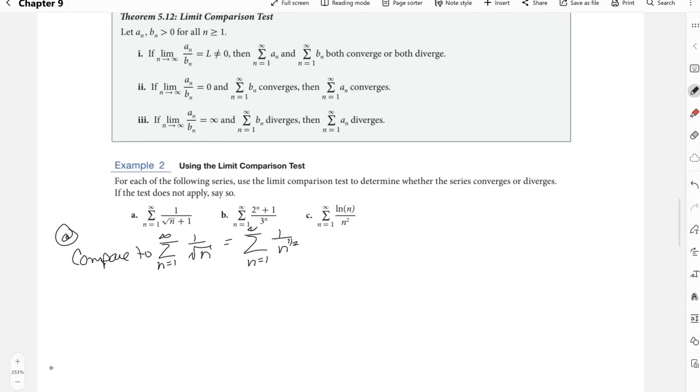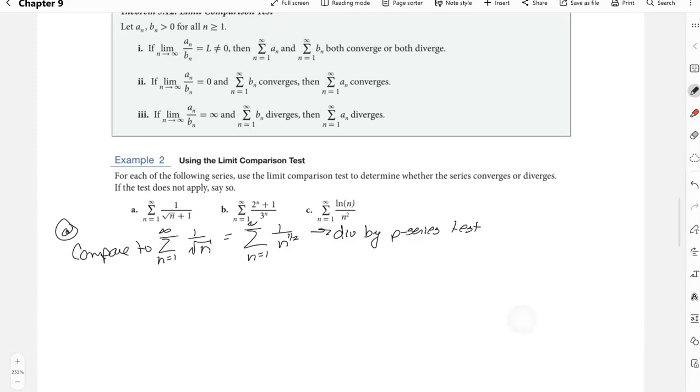And since that power is between 0 and 1, this guy diverges. So it's divergent by the p-series. I'm picking something that's divergent.